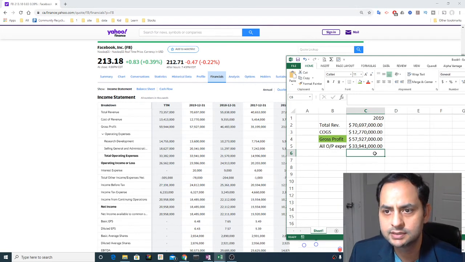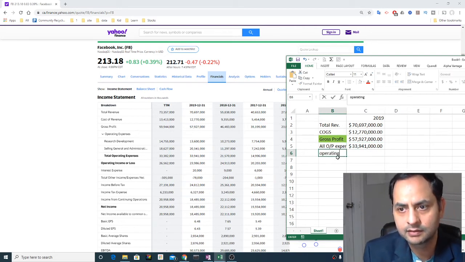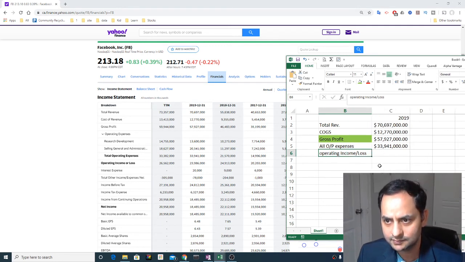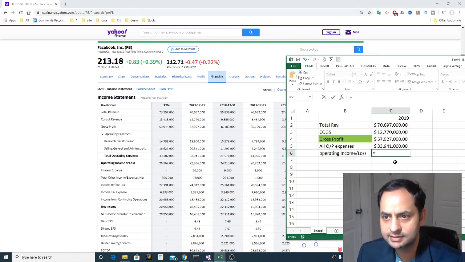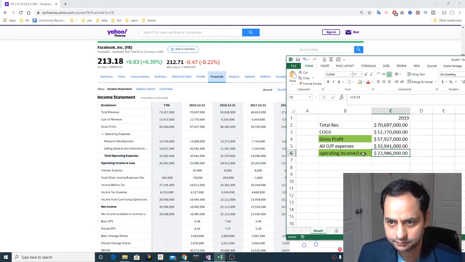If I reduce this from gross profit, I get the operating income or loss. It can be income or loss. Basically, gross profit minus operating expense, which is 23,986.